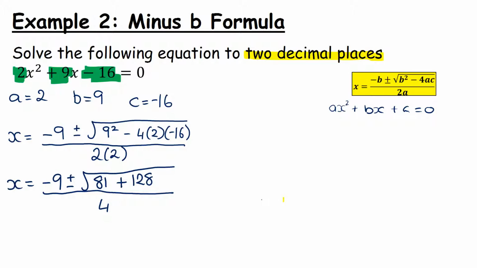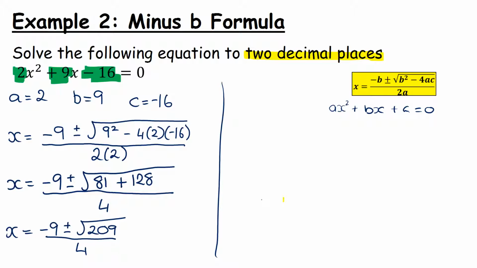Okay, so let's clean that up even more. x is equal to -9 plus or minus the square root of 209 all over 4. So let's go with the positive first. So I'm going to go with x equals -9 plus the square root of 209 all over 4.